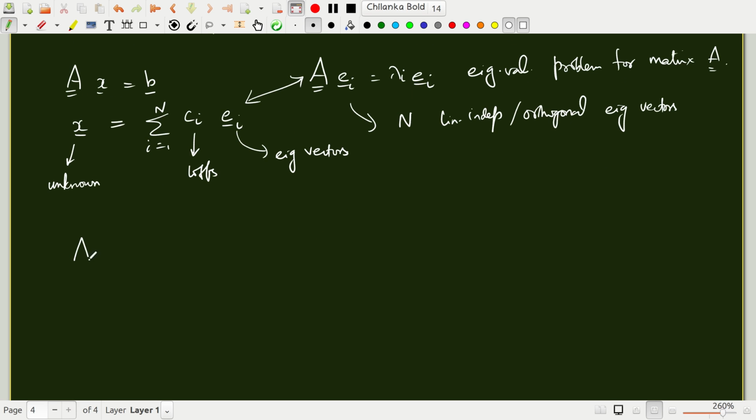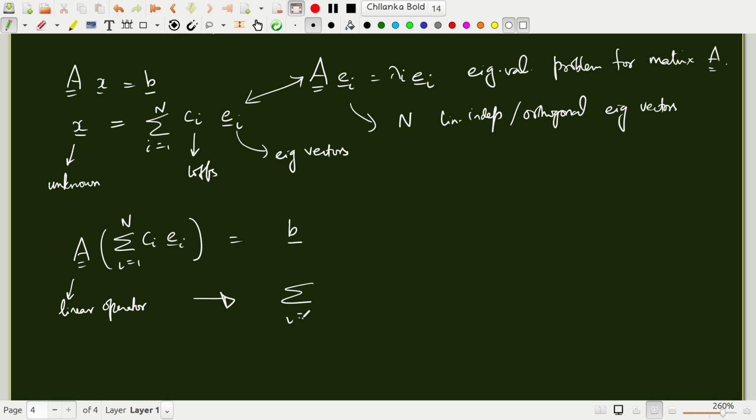So I substitute this x expansion here, A times summation Ci Ei is b. Now because the operator is linear, this is a linear operator, this is a matrix, matrices are linear operators, remember. So this is A summation i is equal to 1 to n, right?